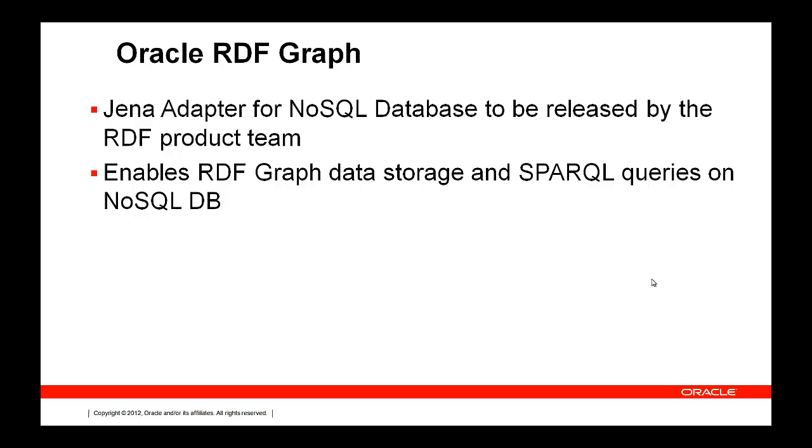A Jena adapter for Oracle NoSQL Database will be released by the RDF product team. This will enable RDF data storage and SPARQL queries on Oracle NoSQL Database. Resource Description Framework, RDF, is a standard for representing information that can be identified using a Universal Resource Identifier, URI.